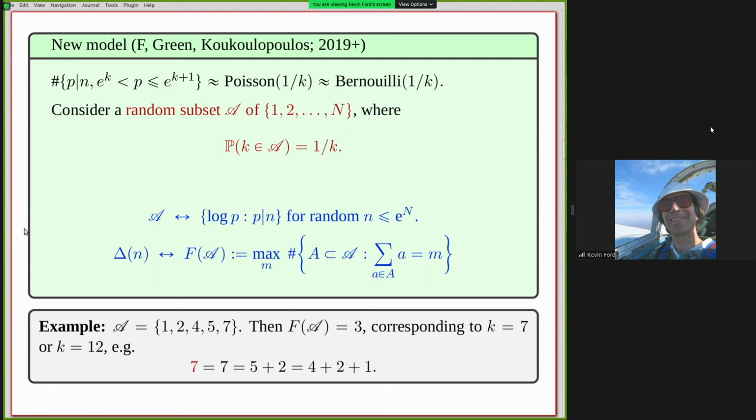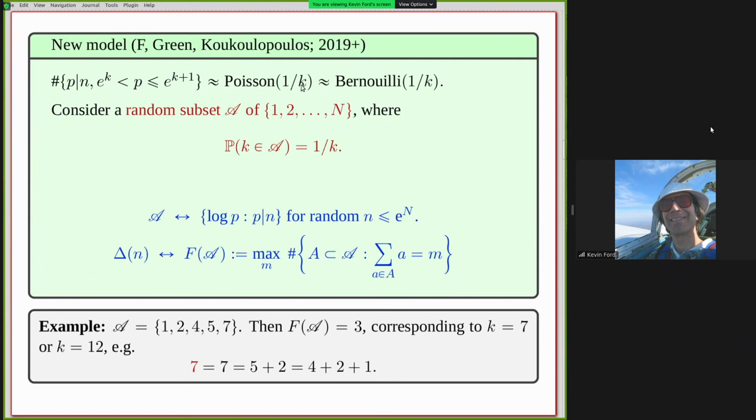Now, what we did, incidentally, we originally were trying to prove the Meyer-Tenenbaum conjecture. And in a way of doing that, we created a Poisson type model for the prime factors of an integer and realized pretty quickly that if we look at the prime factors in one of these intervals, which is the intervals that we care about in this problem, that's roughly Poisson with parameter 1 over k.